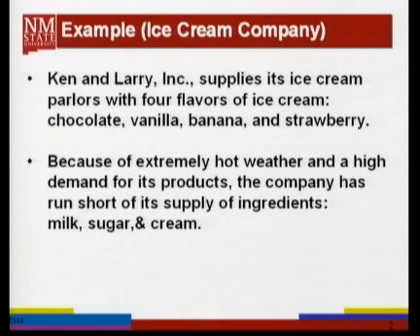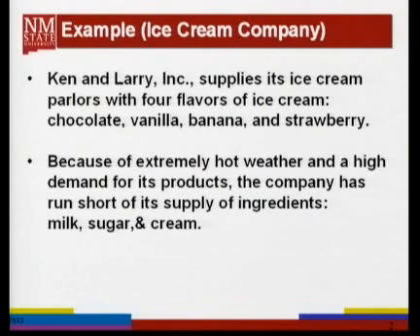Like it says, Ken and Larry Incorporation supplies its ice cream parlors with 4 different flavors of ice cream. They are chocolate, vanilla, banana, and strawberry. I'm not quite sure what the big difference is between the vanilla and the banana ice cream though.